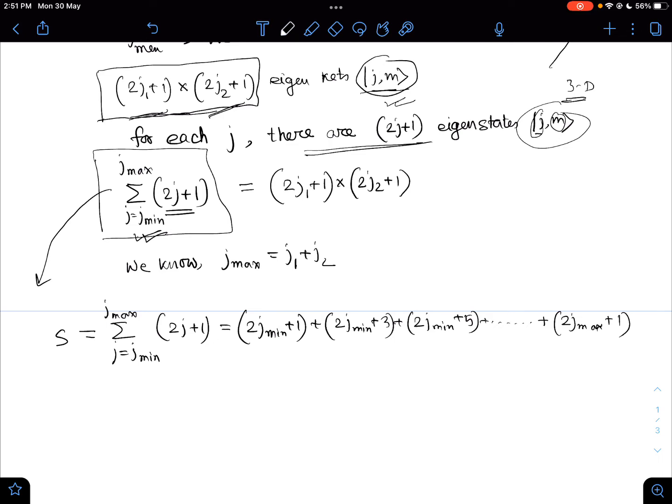So we can write this as 2(J1 plus J2) plus 1. So this is our first term.